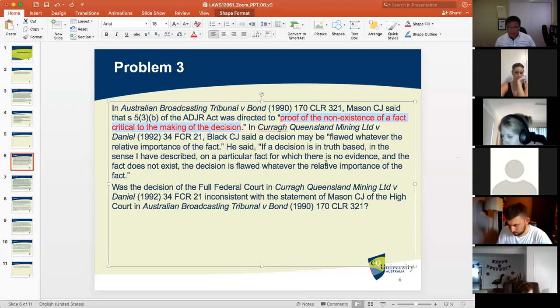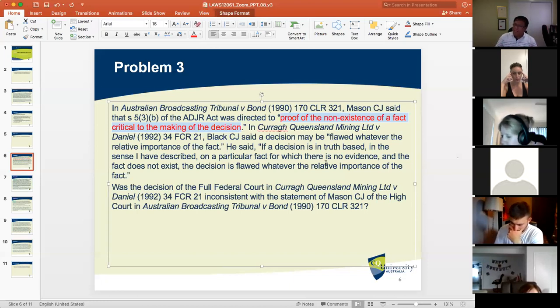That is one. But the other point is, assuming there was no statutory requirement, if a decision is made on a particular fact, but that particular fact in fact did not exist, again under Section 5.3 of the ADJR Act, then there would be a lack of evidence, and you have a ground for judicial review.